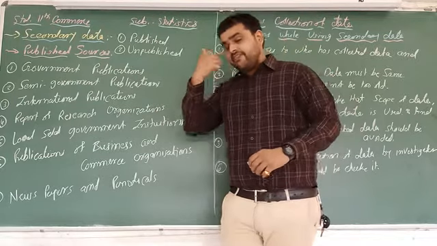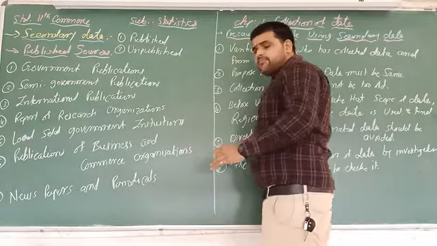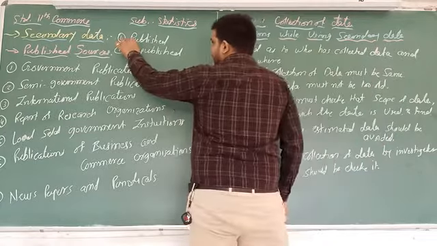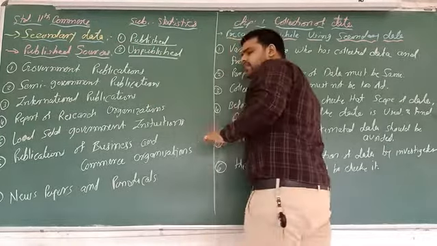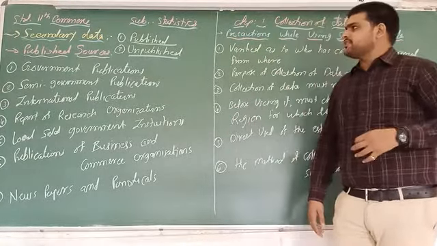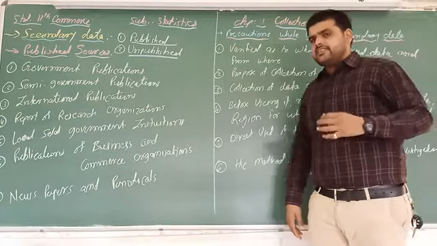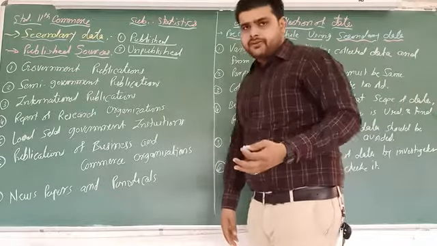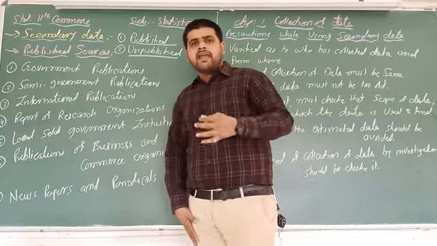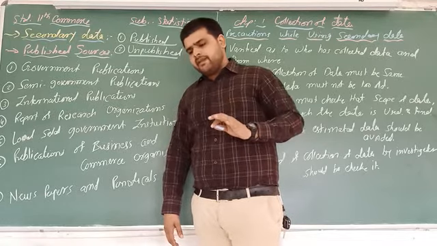When we discuss the source of secondary data, there are mainly two types of sources. Number one, published, and second, unpublished. What do we mean by published as well as unpublished sources of data? Published means data which is published by any other institute or any other person, published in the market, that is called published data.